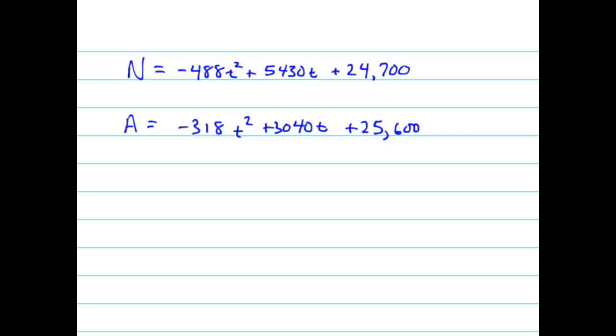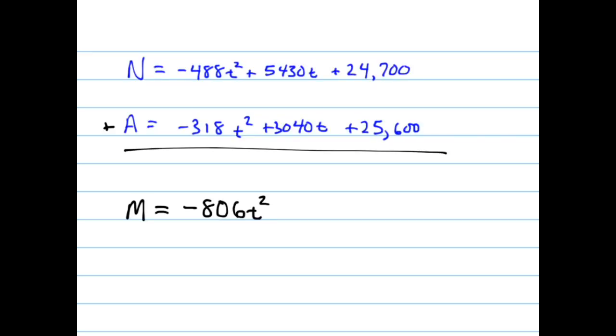Now we want to rewrite this function so it represents the total number of people attending baseball games in that time frame. So I want to add these two functions together. So I'll have a total of all the Major League Baseball games. Now, I can actually just add these in a vertical fashion by doing negative 488 T squared plus negative 318 T squared. And negative 488 plus negative 318 is negative 806 T squared.